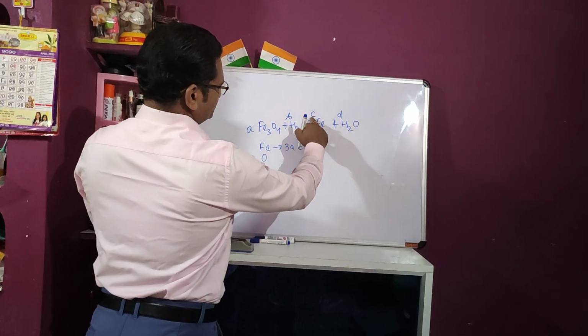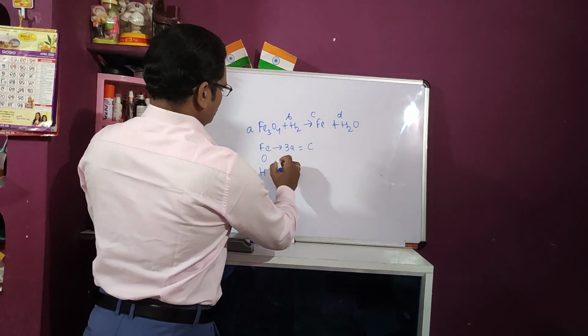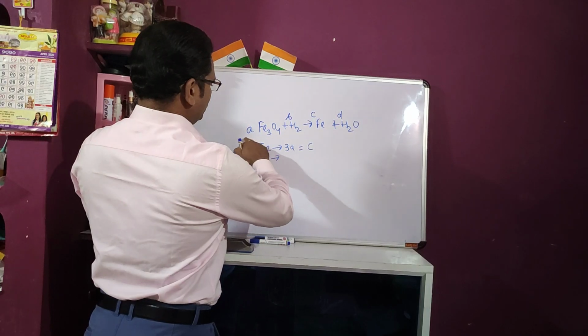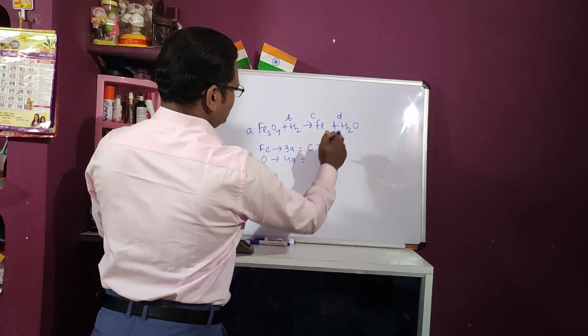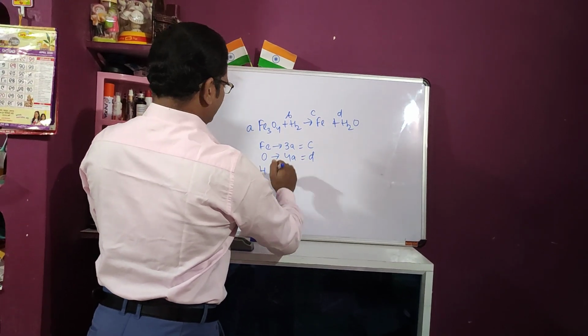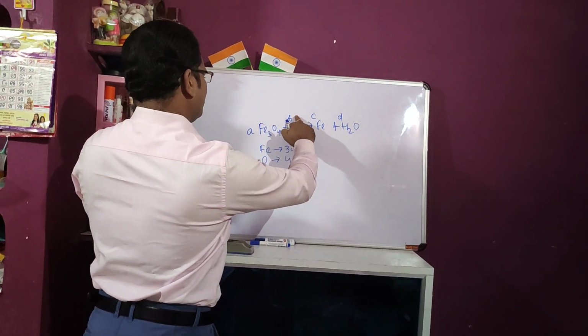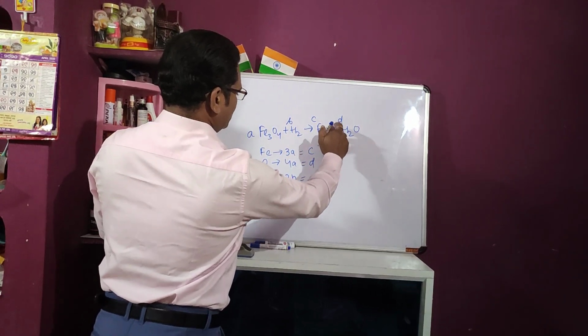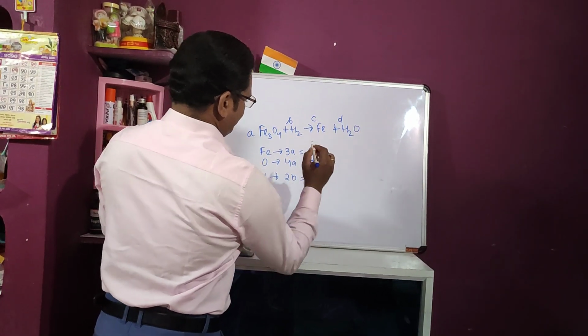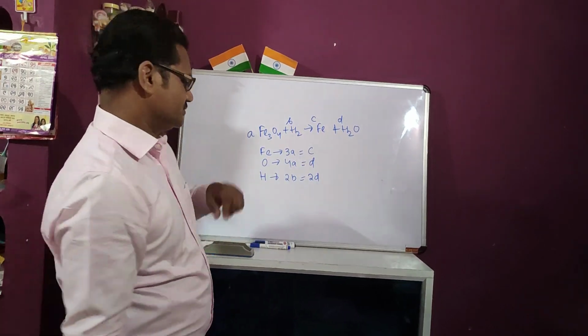C, because C into 1, C. Oxygen 4 into A, that is 4A, equals oxygen D only, D. Hydrogen 2 into B, 2B, equals hydrogen 2D. Now I shall solve these equations.